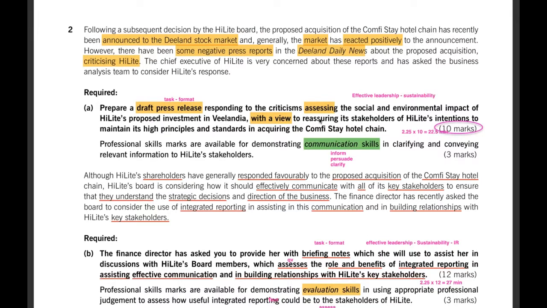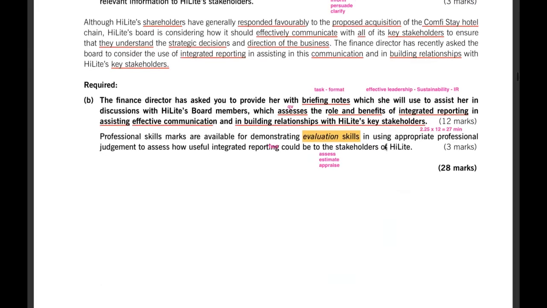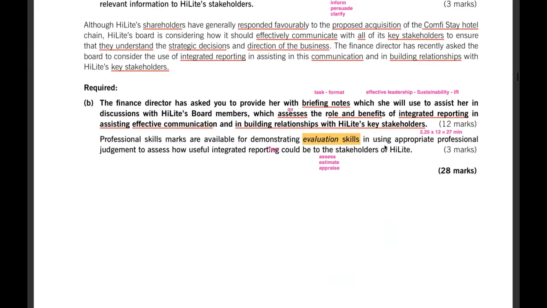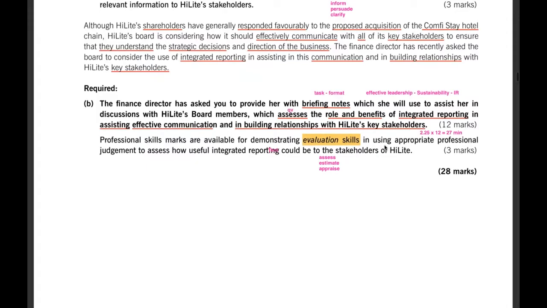I'm talking about social and environmental impact. So this is my question number 2. So try to recap what you have done, so that when you read your exhibit, you will know what you will be looking for.